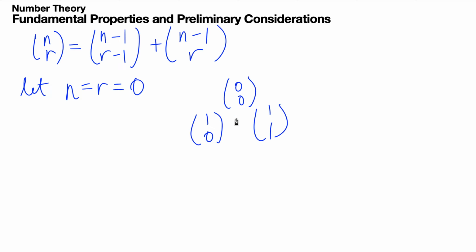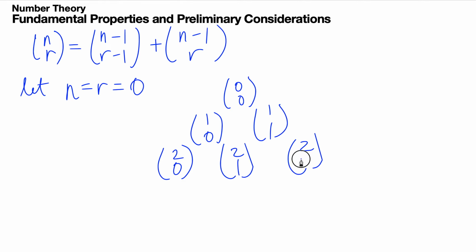Now we're going to continue in this manner. Again, this is n minus r. We need to add 1 there. Since there are 3 terms, we can put 0, 1, and 2.